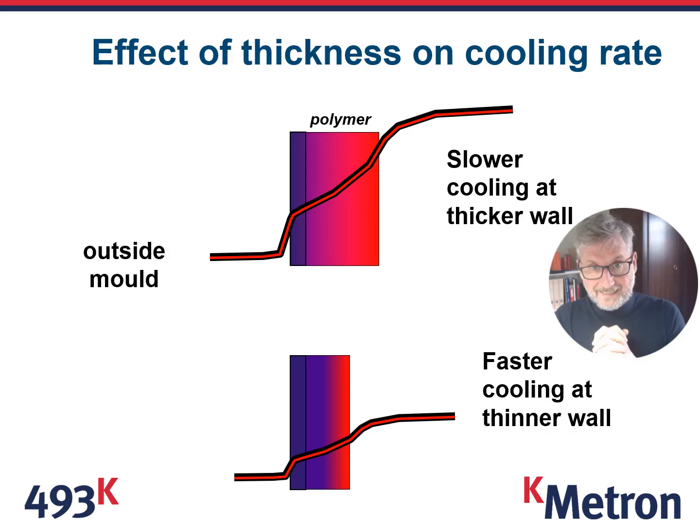Unfortunately, polyethylene being a semi-crystalline polymer, it is greatly affected by the cooling rate of the wall during the cooling. The impact that will have on your part will then be one of density. So simply put, the thicker the part, the slower the cooling through that wall, and the thinner the part, the faster the cooling through that wall.